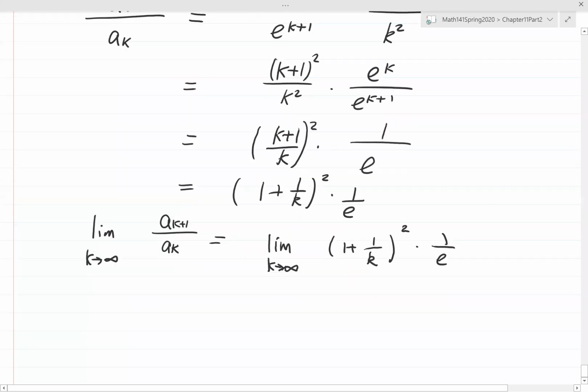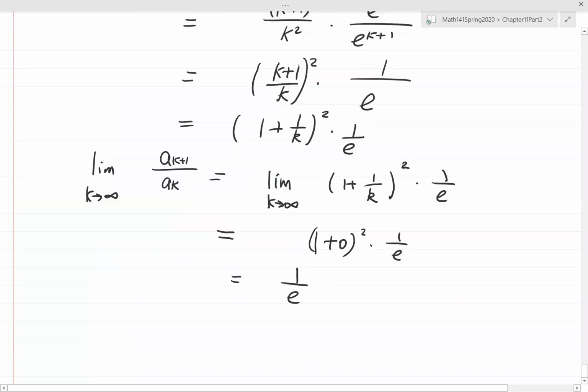Now as k approaches infinity, 1 over k approaches 0. So this is actually (1 plus 0) squared times 1 over e. 1 squared is 1, so it's 1 over e. Remember, the value of e you should know very well, so this is less than 1.